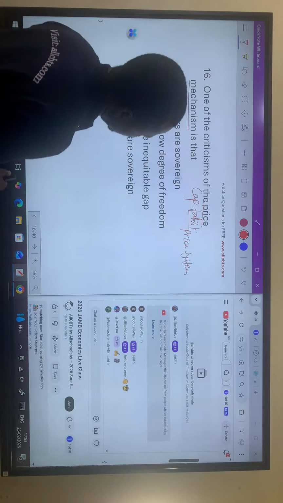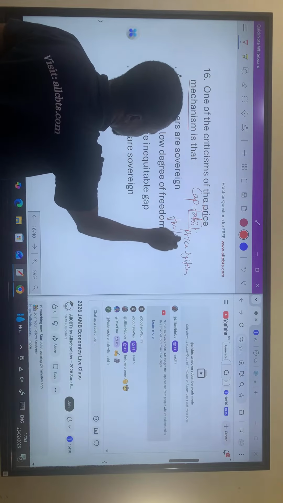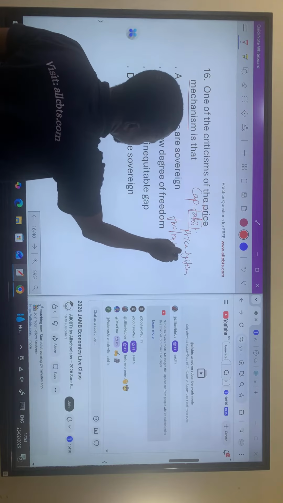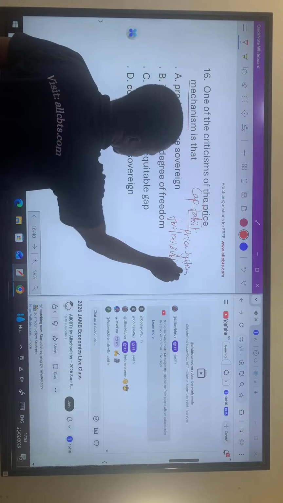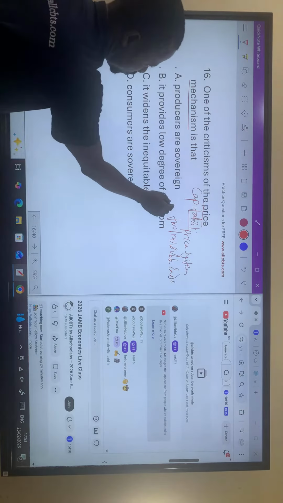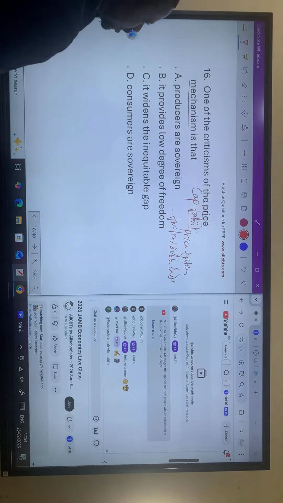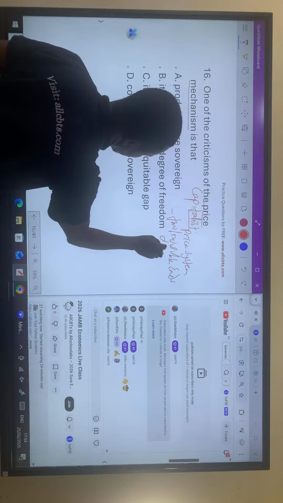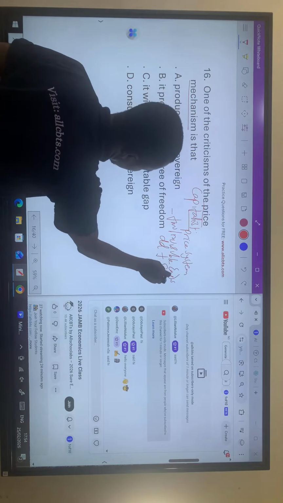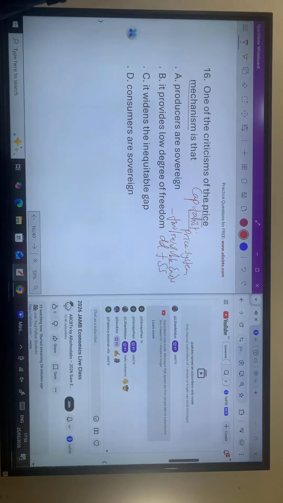It means that you allow the two invisible hands to determine price. And what are the two invisible hands? Demand and supply. So nobody fixes the price. It's these two invisible hands in the market that will determine the price.